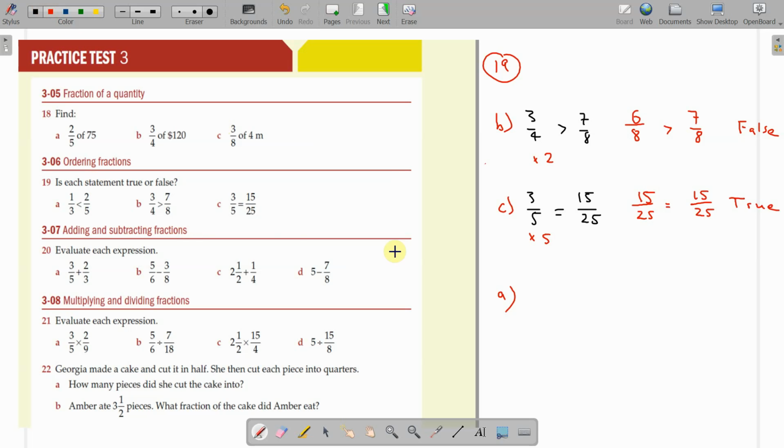Okay, part A, the harder one, because there's a little bit more involved. We have a look at the denominators. There's no connection between 3 and 5. Not a multiple, no factor. So what we're going to do now is create a new denominator.